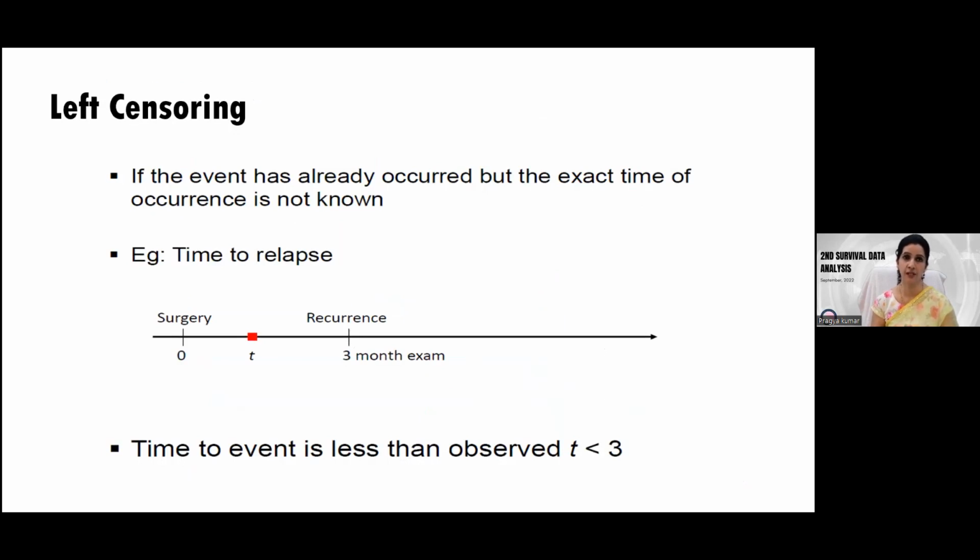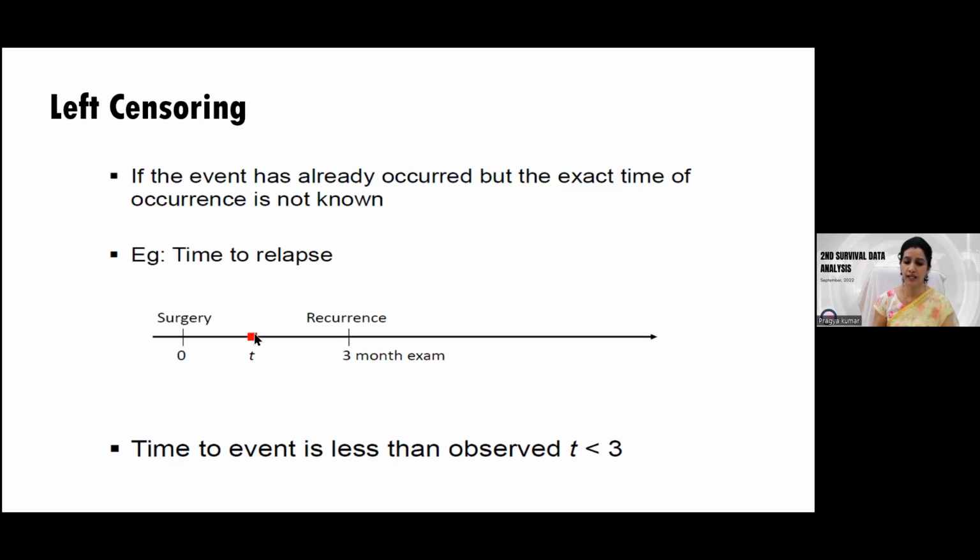The second type of censoring is known as left censoring. Left censoring is when the event has already occurred, but you do not know the exact time of occurrence. For example, if you are measuring the relapse of hernia after the surgery, you can take the surgery as time 0. The person has come to you at 3 months, and when you have done the examination, you have seen that there was already an appearance of hernia.